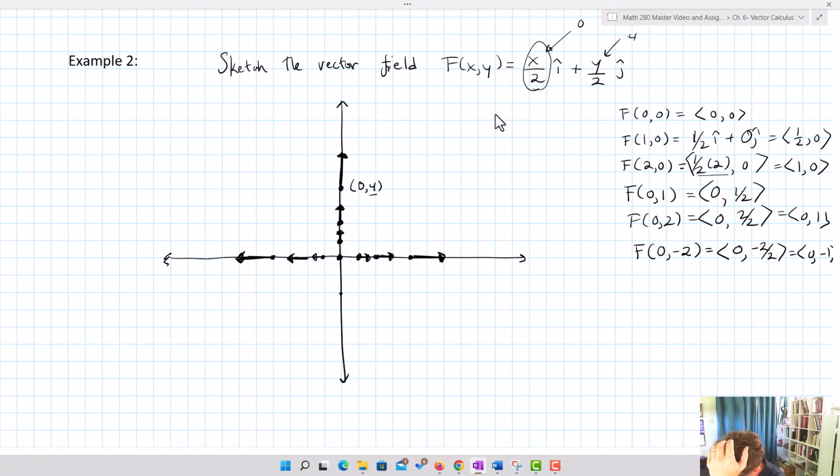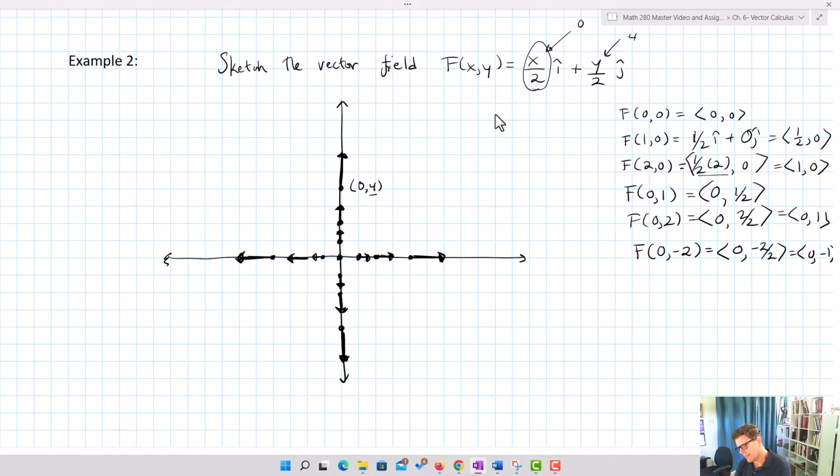So you can imagine we've got a vector of length 1 moving downward. Here we've got a vector of length 1/2. So as I move further and further away from the x-axis, my vectors are getting bigger in the y direction.